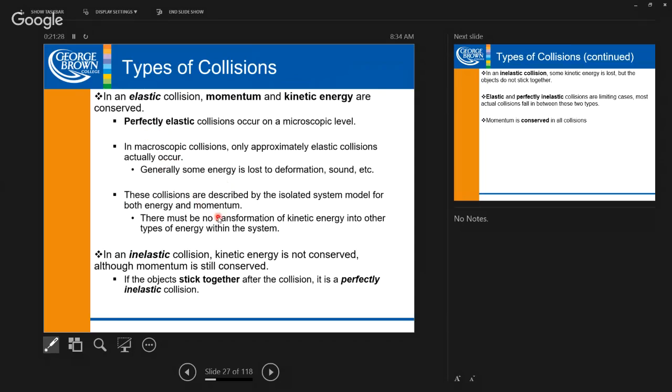So perfectly elastic doesn't really happen. It's elastic or inelastic. In inelastic collisions, energy is not conserved, although momentum is still conserved; the energy is transferred. A good example is two objects that collide and stick together. What happened to the kinetic energy?